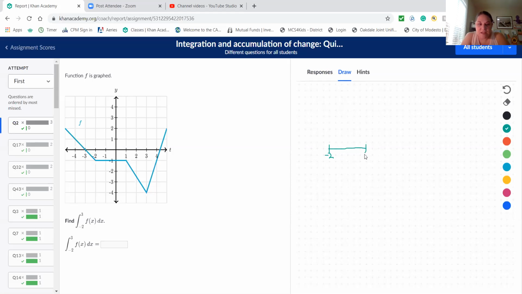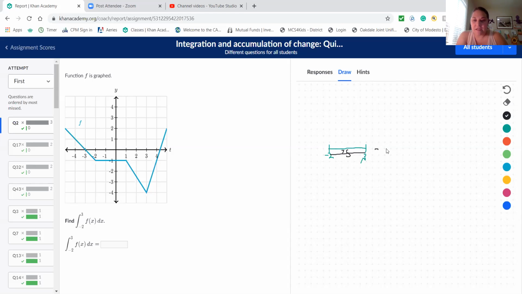Sorry if I'm not that accurate. But what I see when I look at these lines is that there's this rectangular section right here going from -2 to 3. And so the area would just be a rectangle that's 1 unit down and 5 units across. So that's -5. This is not good drawing. Hopefully you can see it off to the side.